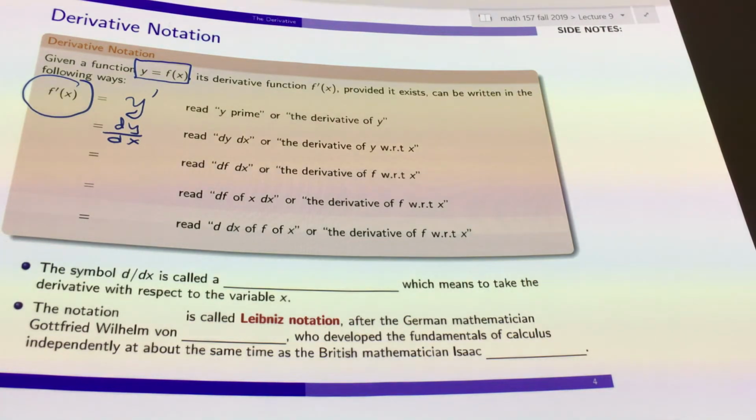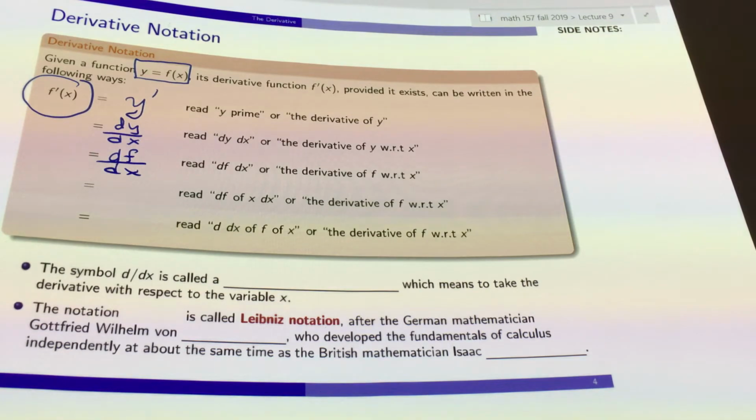It looks like a fraction, but for now it's just a notation. You cannot separate them; it is one symbol, dy over dx. But later we'll actually prove some properties and applications where this can be looked at as a fraction. So this notation actually has some meaning. So dy dx, or some other variant: you can always replace y by f, df dx.